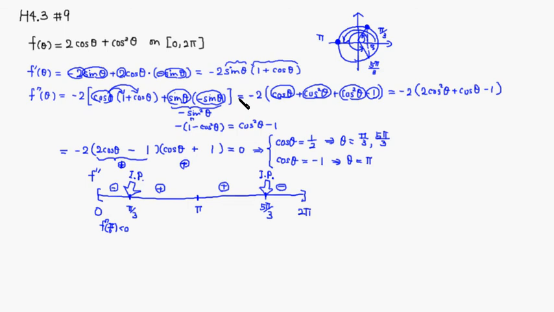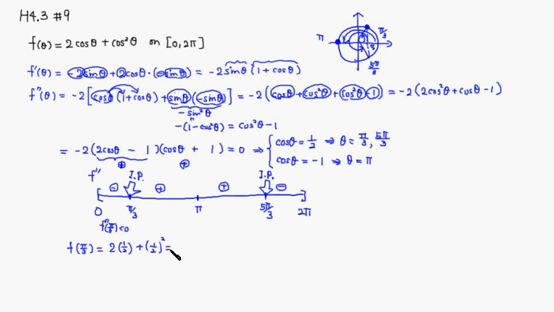Alright, so we can just find the corresponding y value at pi over 3. Right? Alright, so it's going to be 2 times cosine of pi over 3, which is 1/2, plus 1/2 squared, so it's going to be 1/4. So maybe I should write it as 1/2 squared.